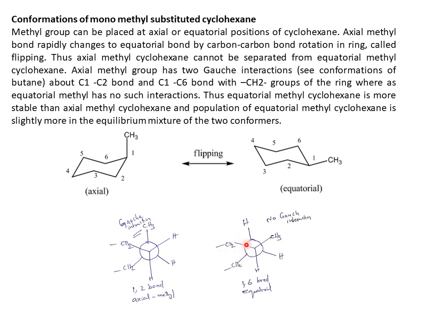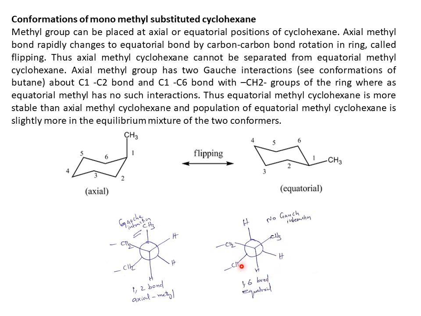Here we can see that there is no Gauche interaction because the CH2 group is far apart from the CH3 group, whereas there the CH2 group and CH3 group have a dihedral angle of 60 degrees. Here the dihedral angle is very high, 180 degrees, from the front carbon atom and the back carbon atom.